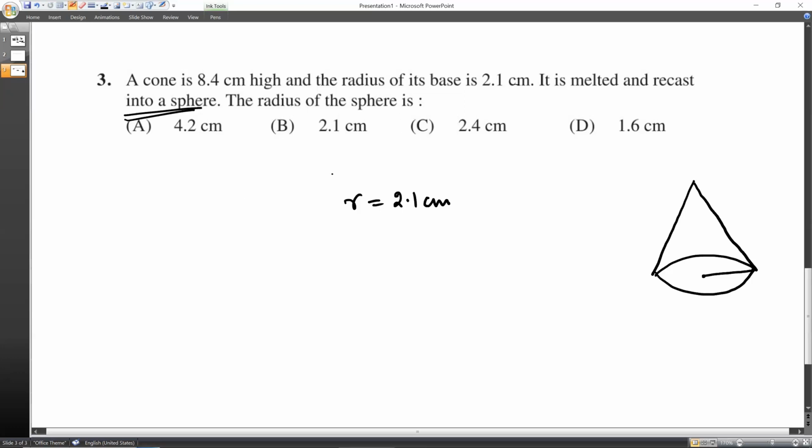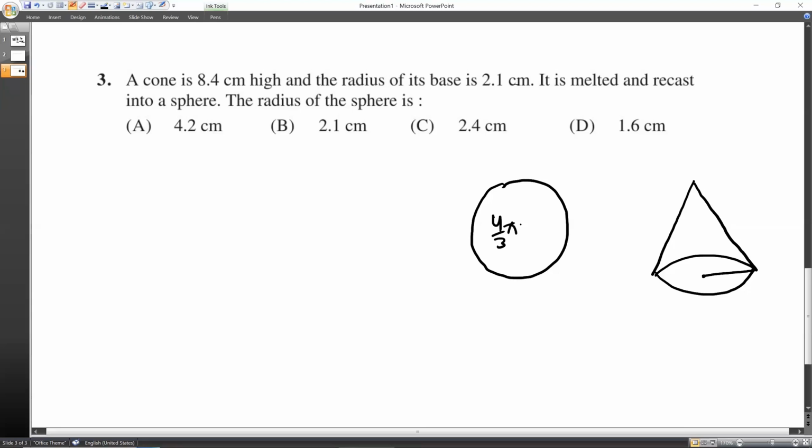First of all, let me explain you here. When one thing is converted into another thing, like the cone is cast into the sphere or the sphere is cast into the cone, then what is common in these things? The common thing is that their volume remains constant. Got it? So the volume of the sphere is 4 by 3 pi r cube.